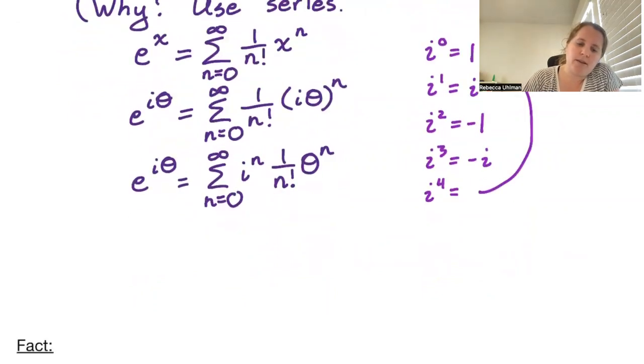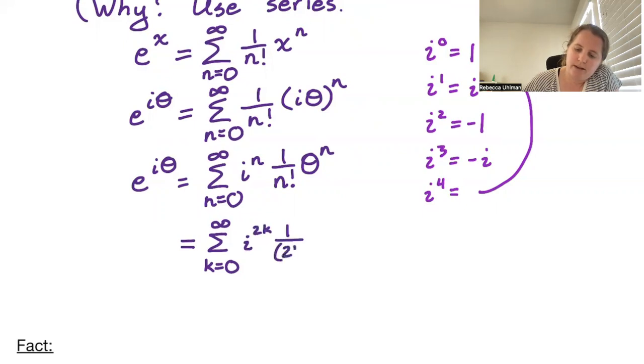So we're going to split this into two pieces. We're going to have the sum from k equals 0 to infinity, and then we're going to look at evens, so 2k. So we'll have i to the 2k times 1 over 2k factorial times theta to the 2k.